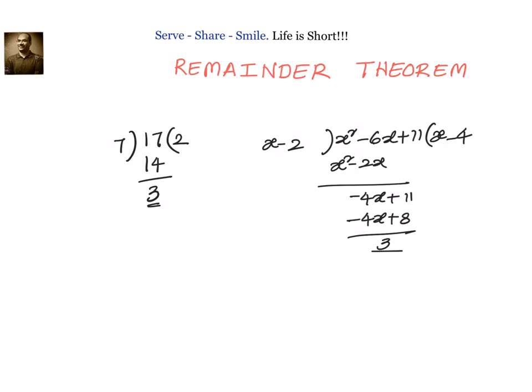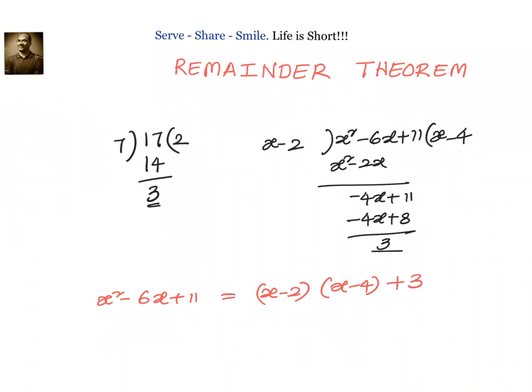Now we know that dividend equals divisor into quotient plus remainder. So why can't we go ahead and write x square minus 6x plus 11 is equal to x minus 2 into x minus 4 plus 3.